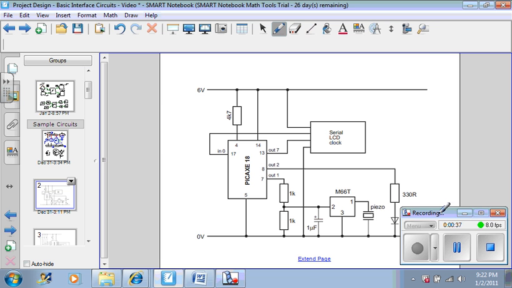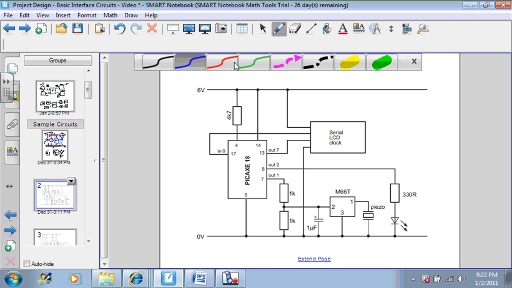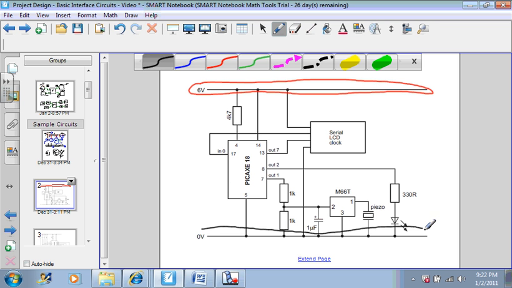Let's look at this circuit. Once again, you can see that there is a top rail and there is a bottom rail. Bottom rail usually is the negative, and the top rail is usually the positive.